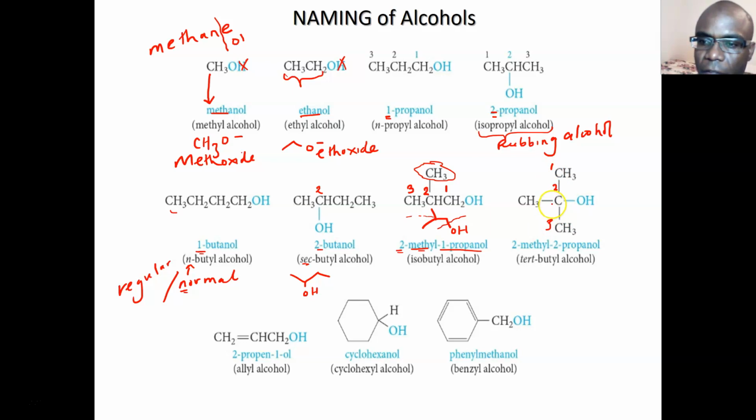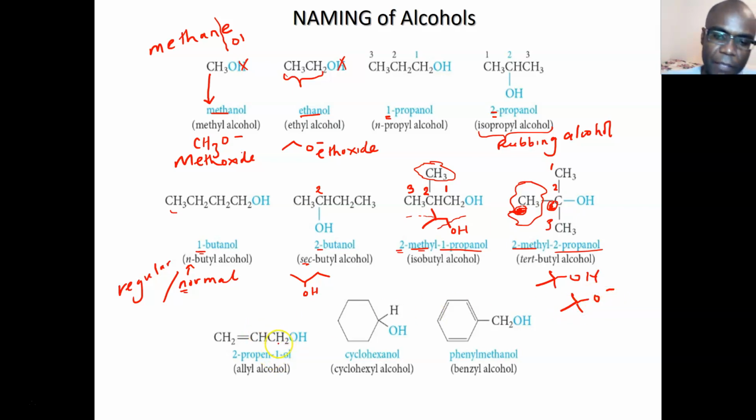That's the longest chain, not 1, 2, because that will be a shorter chain. Okay, not like that. So you go either up or down. You get 2 propanol, there are 3 carbons. This becomes a substituent, it's on the second carbon. Other is called tert-butyl alcohol. We use it as a solvent in E2 whenever you use the bulky base.